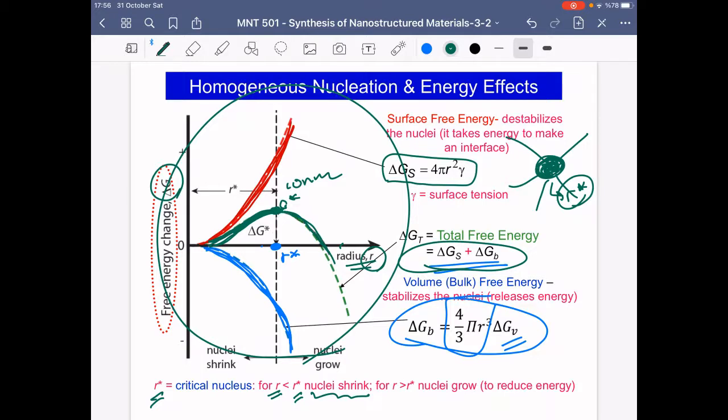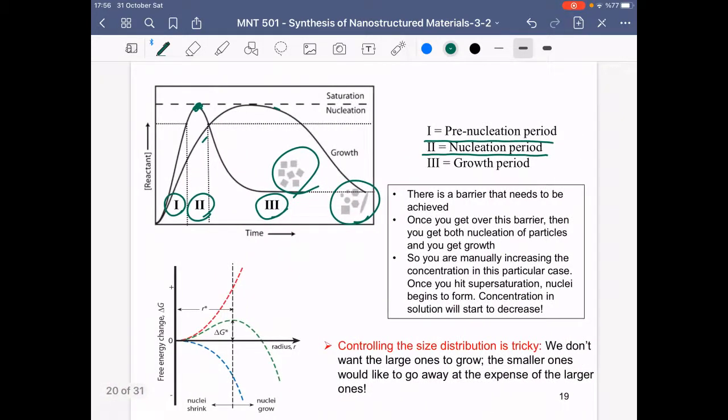I don't want this to continue growing as long as it wants. So I want to stop it somewhere, by temperature or some other way. We talked about this reverse micelle process or the temperature. You want to stop it from growing as well, because we want to make this nanoparticle here.